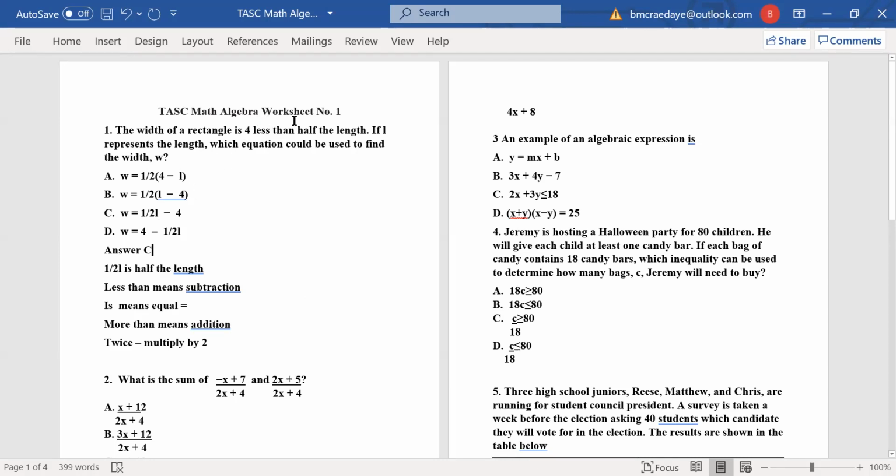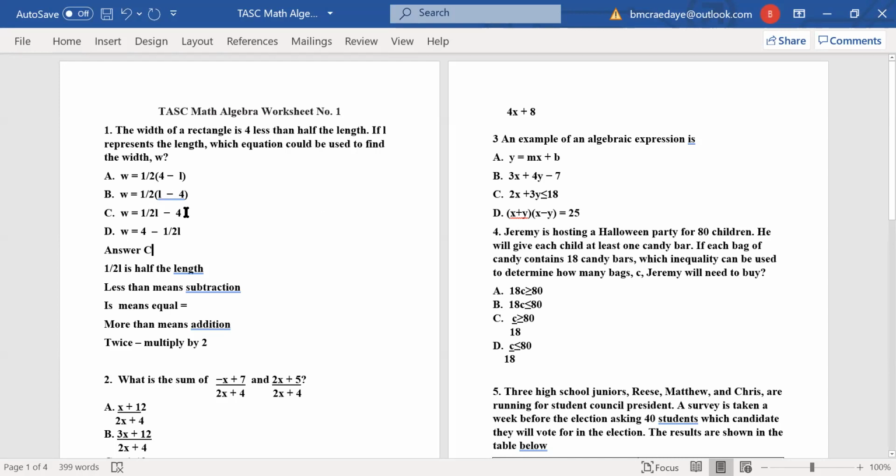It says 4 less than half the length. See, this is saying 4 less than the length and then take 1/2 of it. Is, in other words, 1/2 of the length less than 4, which is not the same as saying 4 less than half the length.